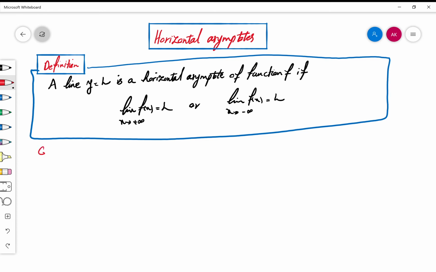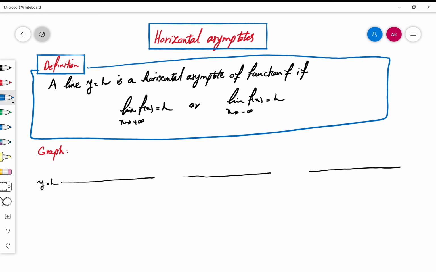How does the graph look? Well, the graph of the function around the horizontal asymptote is something like this. Let me say this is y equal to L. We will have at least three forms for each side.